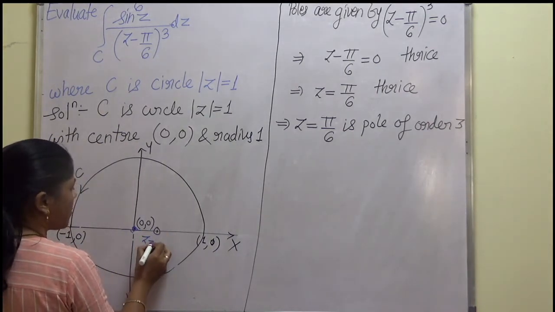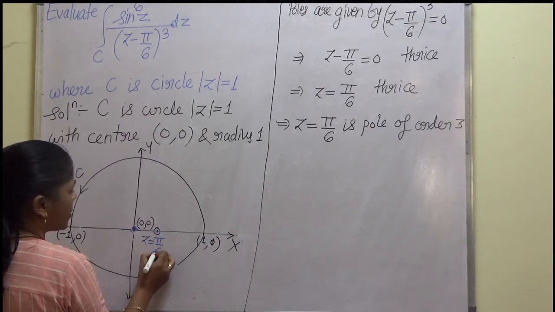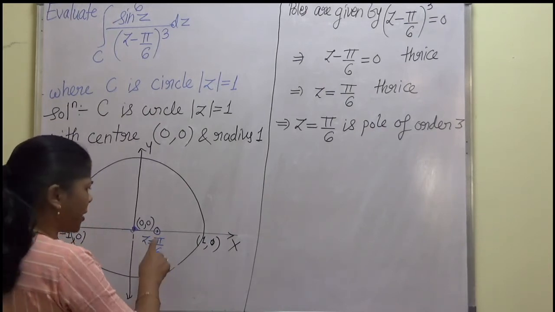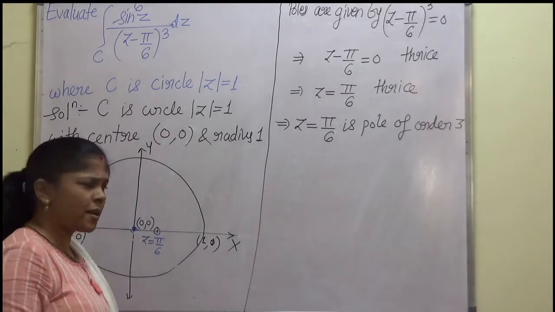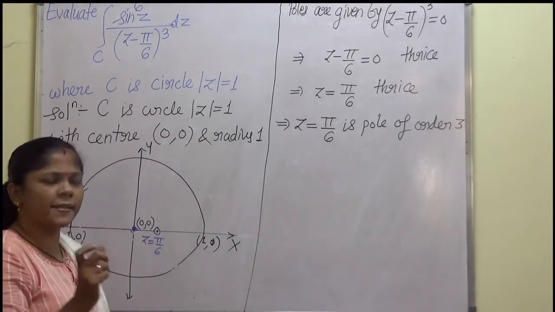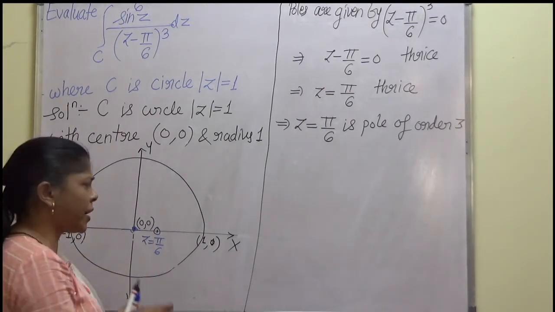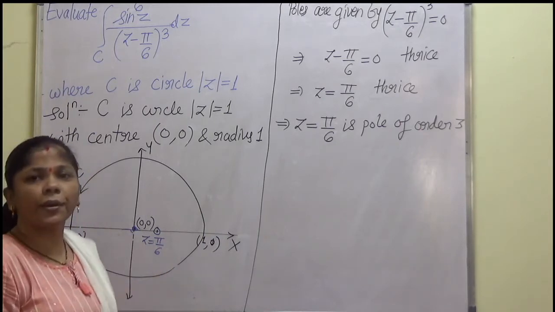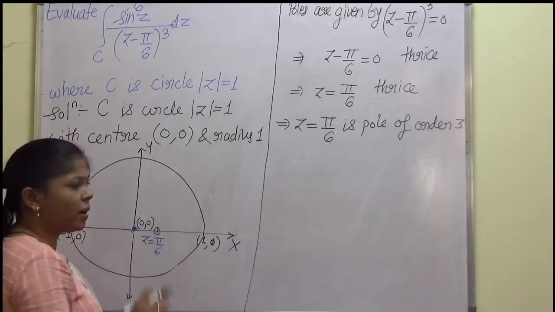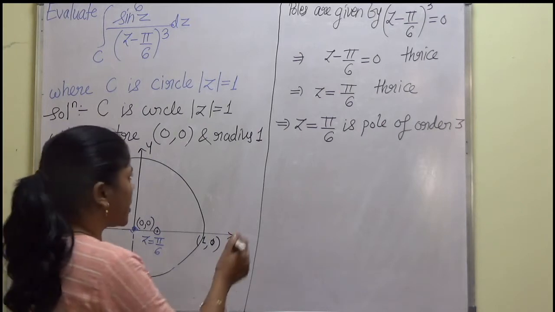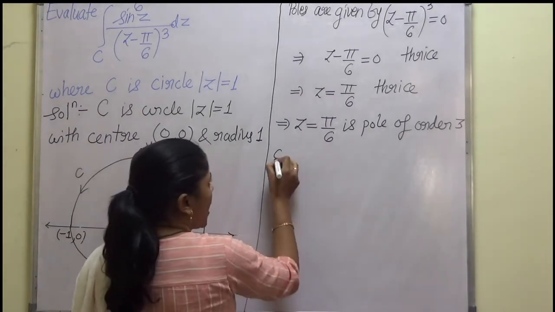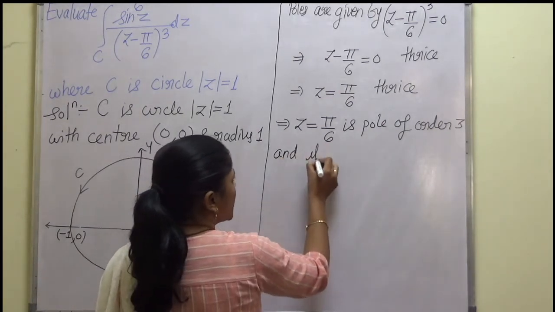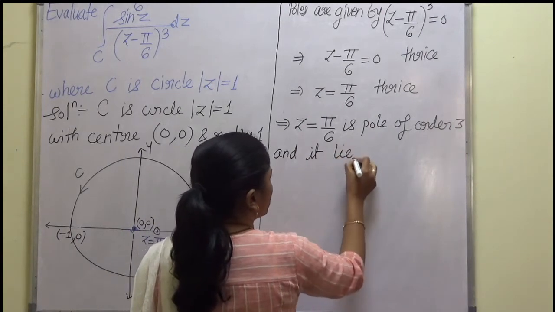So this here is nothing but z equal to pi by 6. Now why have I plotted this on the x-axis? Because z equal to pi by 6 is as good as the x coordinate being pi by 6. Its y coordinate will be 0. So this will lie on the x-axis. Therefore it is a pole of order 3 and it lies within C.